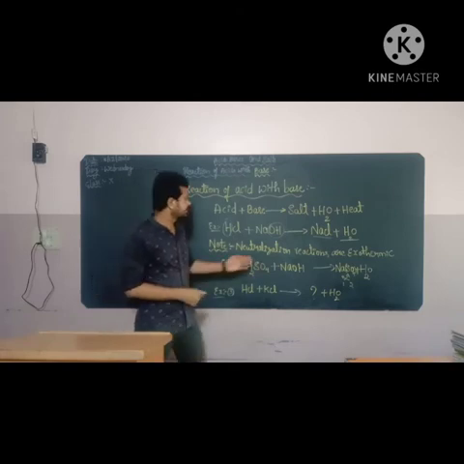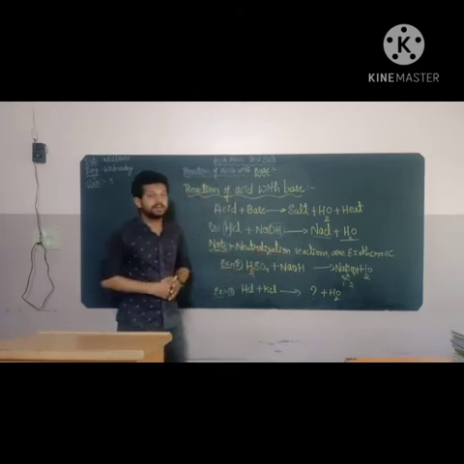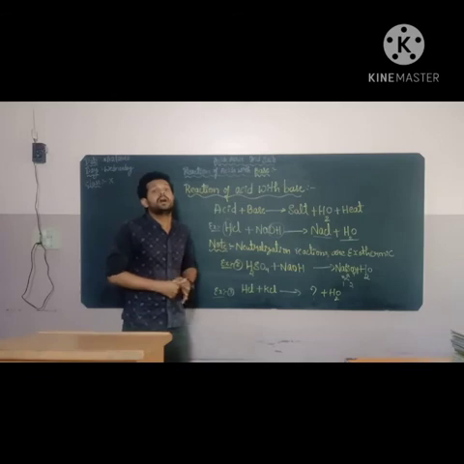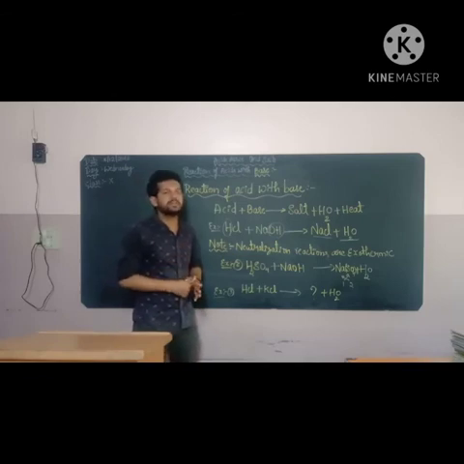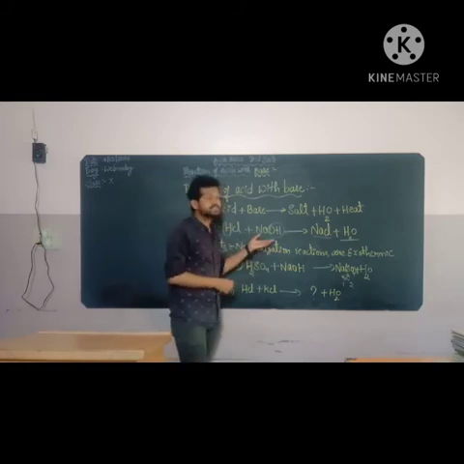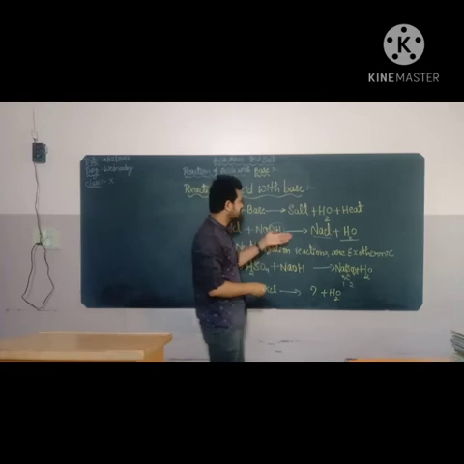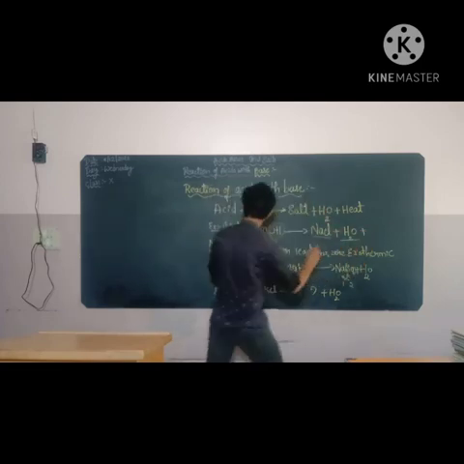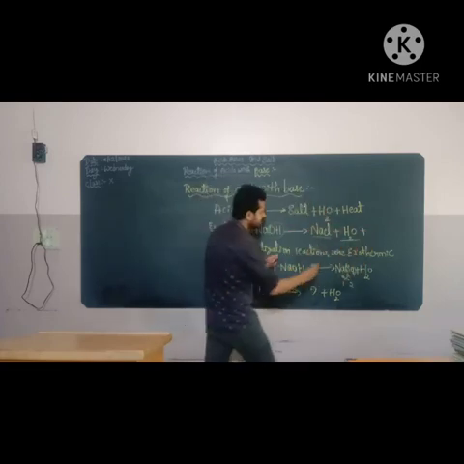I think exothermic is nothing but an excess of heat will be liberated in a chemical reaction. During a chemical reaction, excess of heat will be liberated. So this is a neutralization reaction.